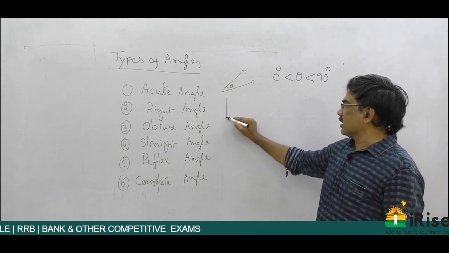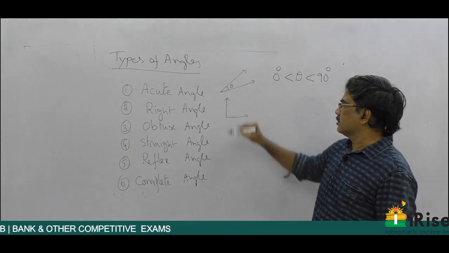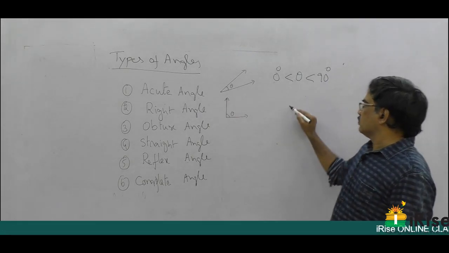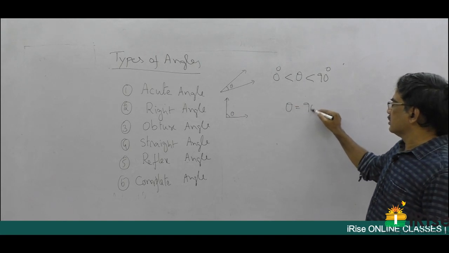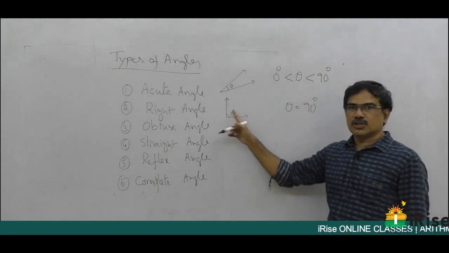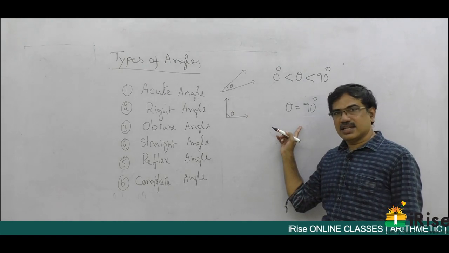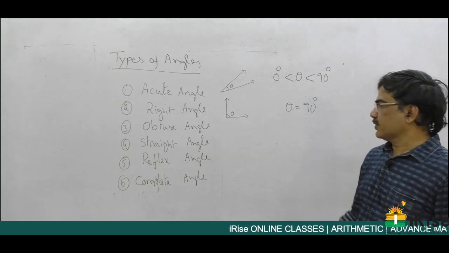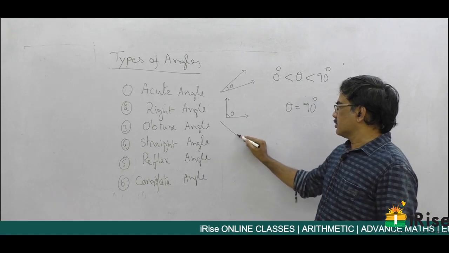What is a right angle? If the angle between two rays is exactly 90 degrees, then it is called a right angle.